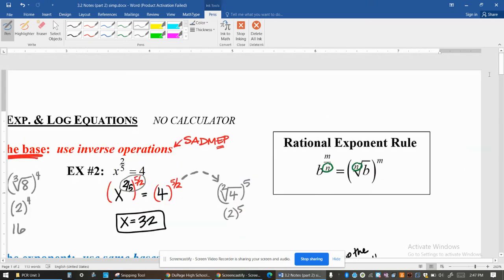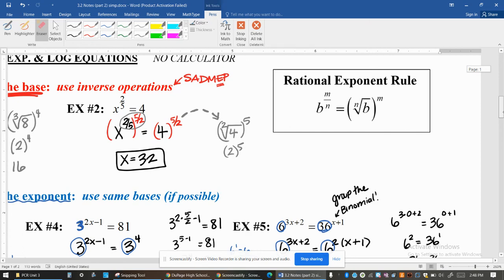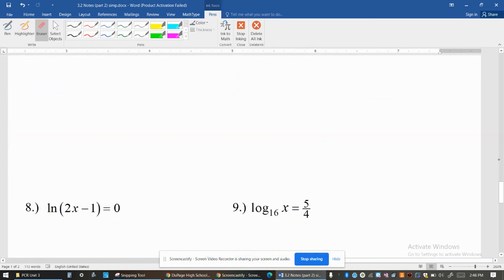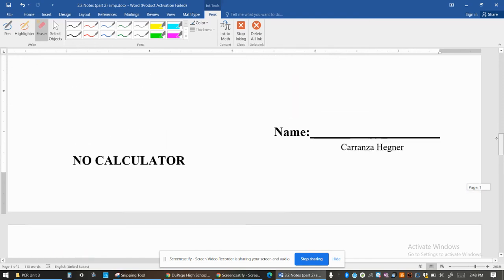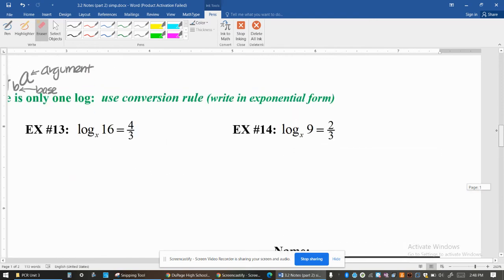So let me just scroll up. The rational exponent rule, right? In a fraction, rational exponent, the denominator on the bottom is the root, and the numerator is the power. Okay, there it is.